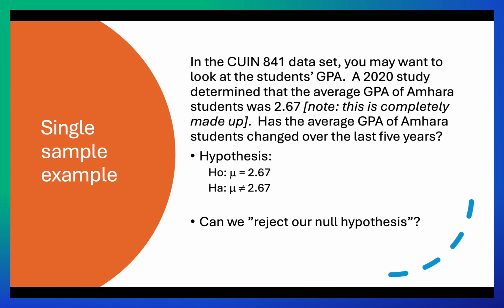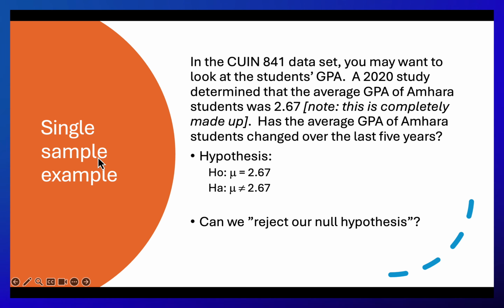So our first type of t-test is a single sample t-test. Essentially that is comparing a sample against a known value. A common example of a t-test is comparing a student's test score compared to a population, right?